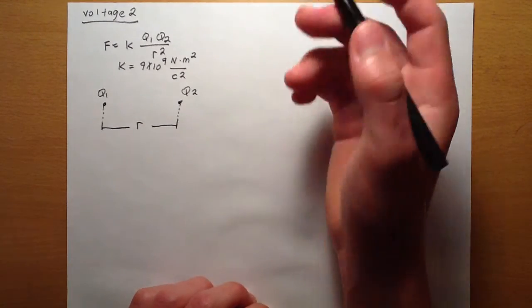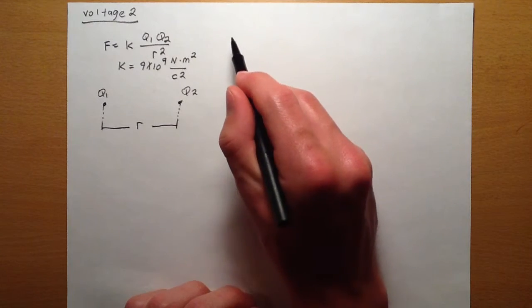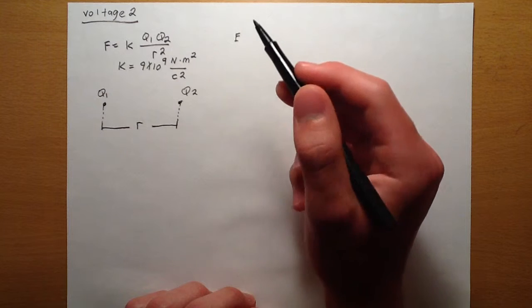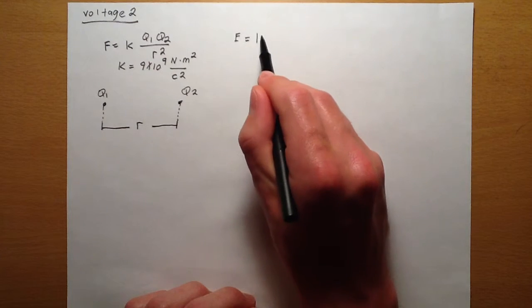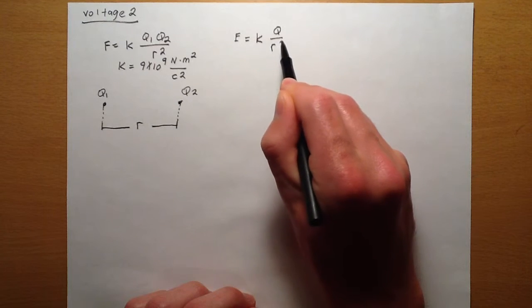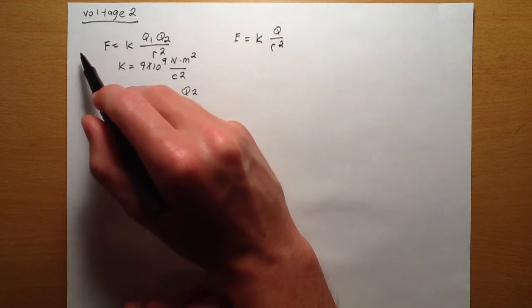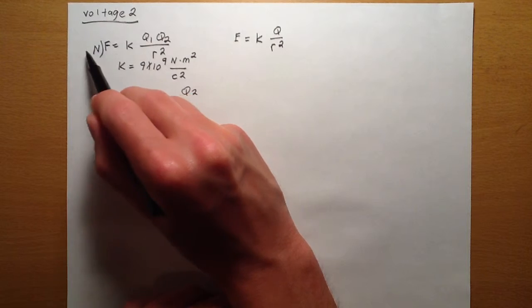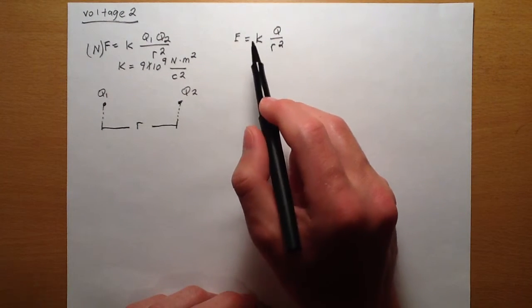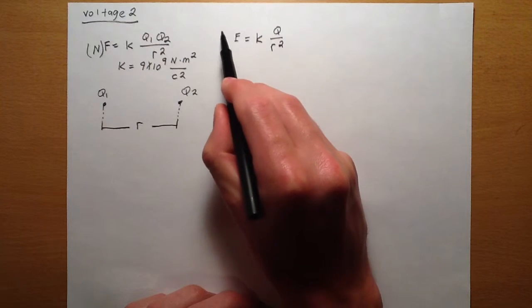Alright, and the second equation we learned is for electric field. We know that the equation for electric field is K times Q over R squared. Force, of course, has units of newtons, and we found out that the units of electric field are newtons per coulomb.